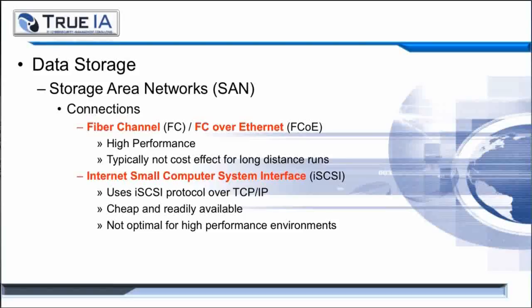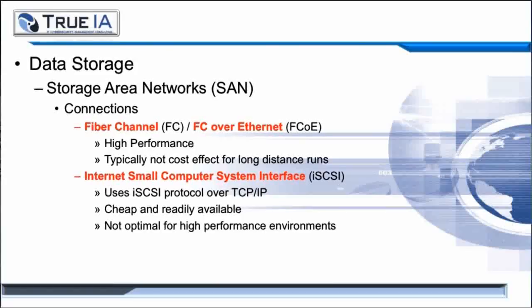Fiber channel or fiber channel over Ethernet, extremely high performance, typically not cost effective for long distance runs though. With iSCSI, it uses the iSCSI protocol over TCP/IP, extremely cheap and readily available. However, again, not optimal for high performance environments.